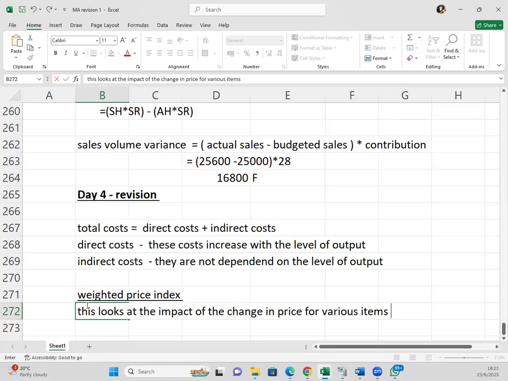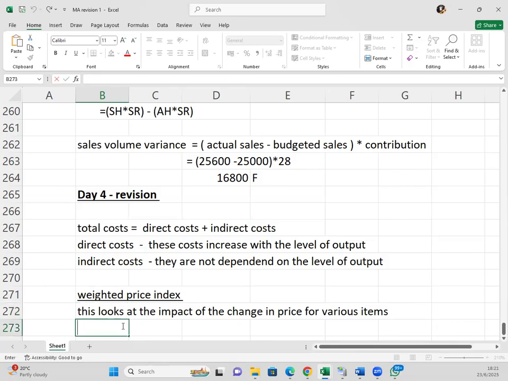If we change prices of different items, what is going to be the impact on the basket or the portfolio basket? If you were buying these quantities and the prices change, how is it going to affect your purchasing behavior?